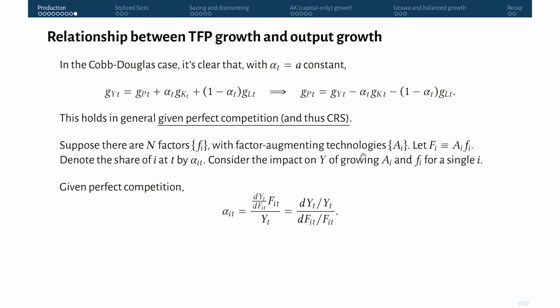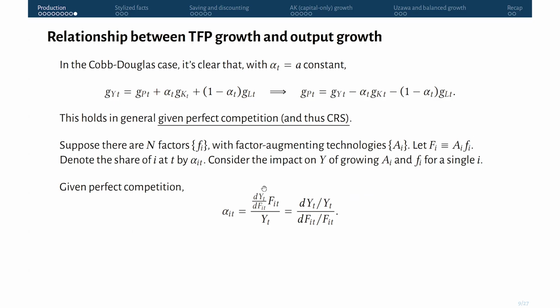So when you take the derivative of the production function with the technology term on it, the technology term will show up in the derivative. And then you want to multiply by the quantity. The effective quantity is going to have that A in it.